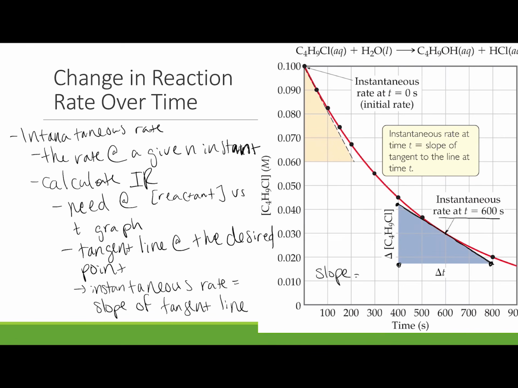So our final is 0.018 minus our initial, 0.042, all divided by our change in time, final 800 seconds, initial 400 seconds.